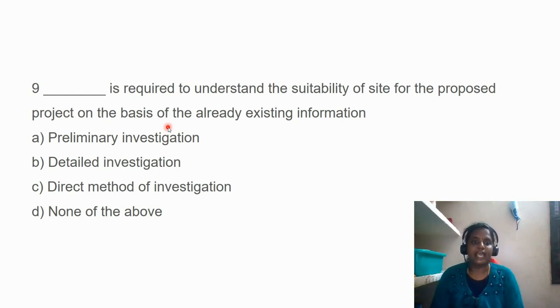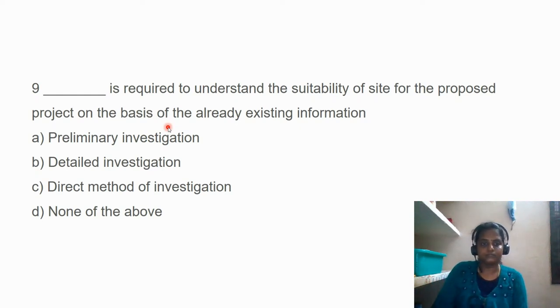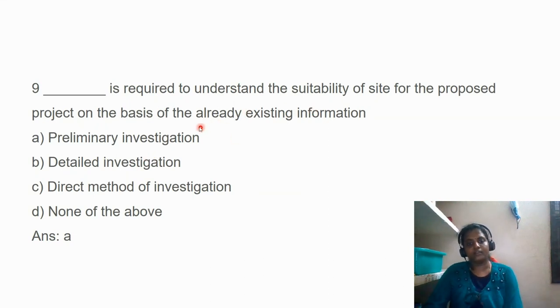A preliminary investigation is required to understand the suitability of the site for the proposed project on the basis of already existing information. From already existing information, we conduct a preliminary investigation in order to understand the suitability of our site.